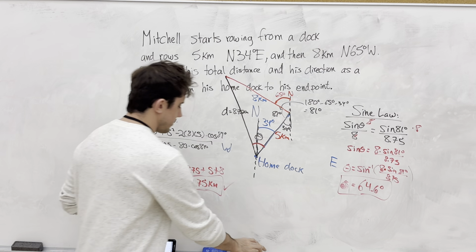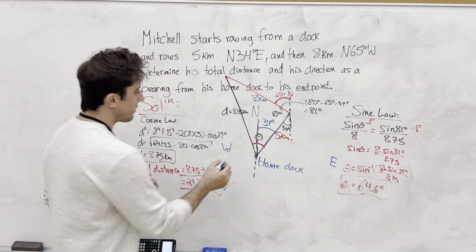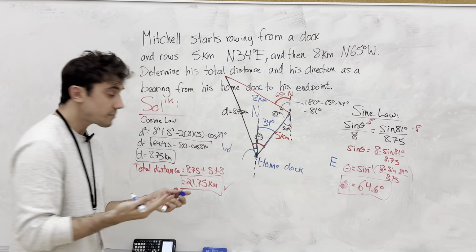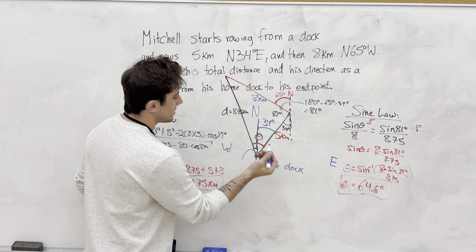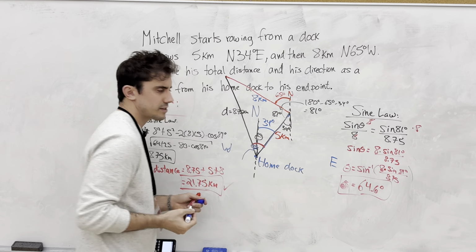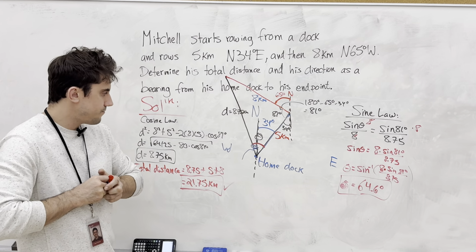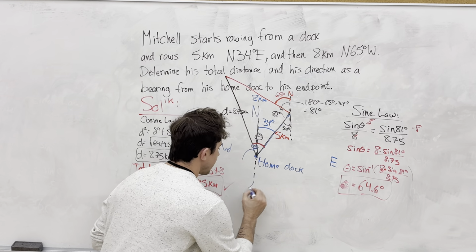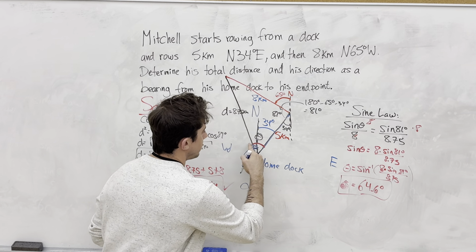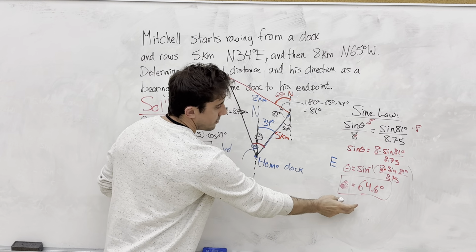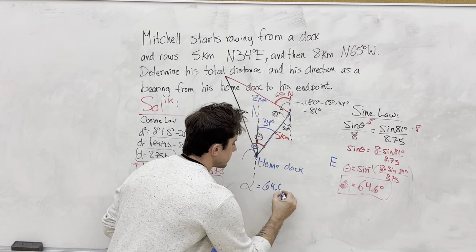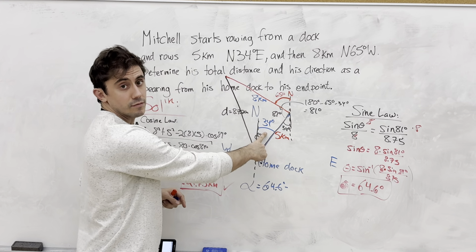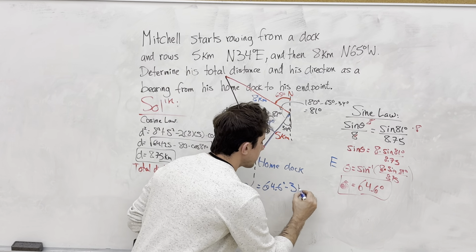What we really want to express our direction as a bearing is this little sliver here. We don't have a name for it, so let's label it alpha. Sometimes we use the symbol alpha for missing angles. So in that case, we can say that alpha is going to be the entire angle, which was 64.6 degrees, minus this part, which we know is already 34 degrees.